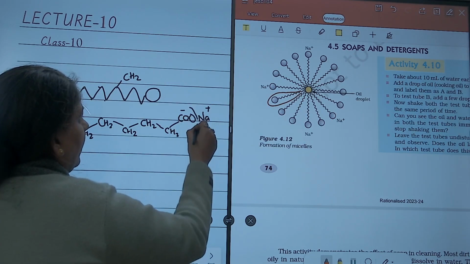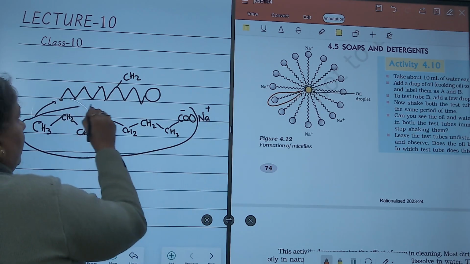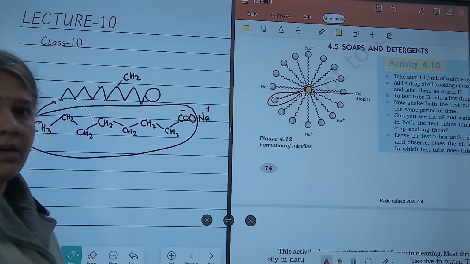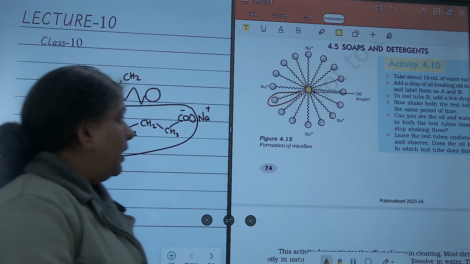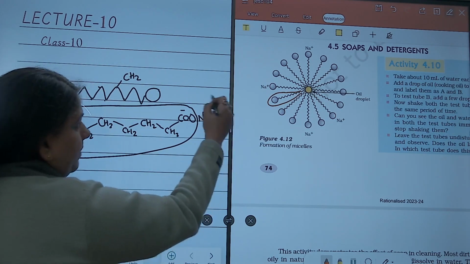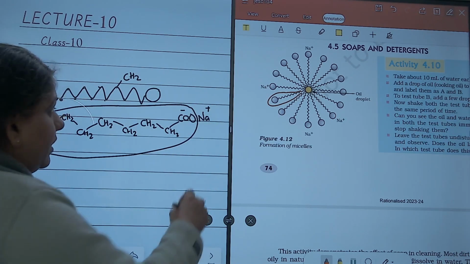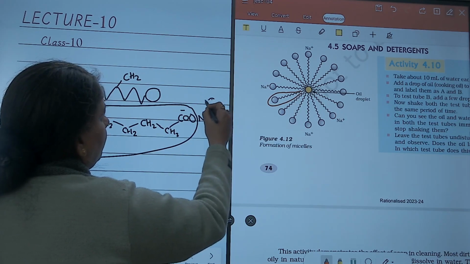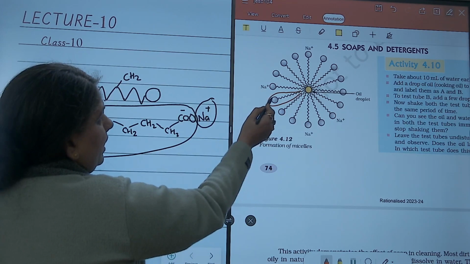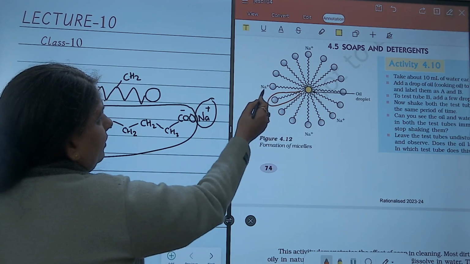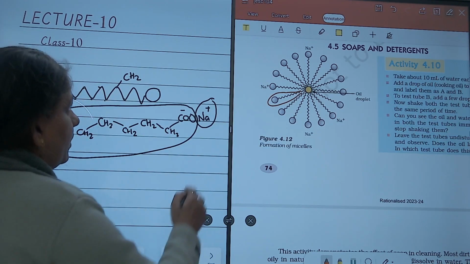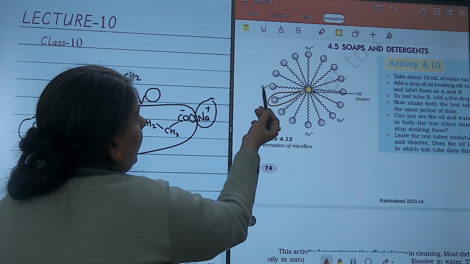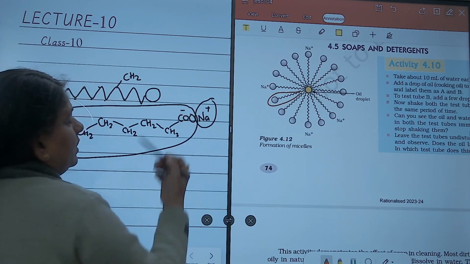So this much part is the hydrocarbon part, and the ionic part is this much part, Na. So this circle represented here is basically the carboxylate ion attached to sodium ions.